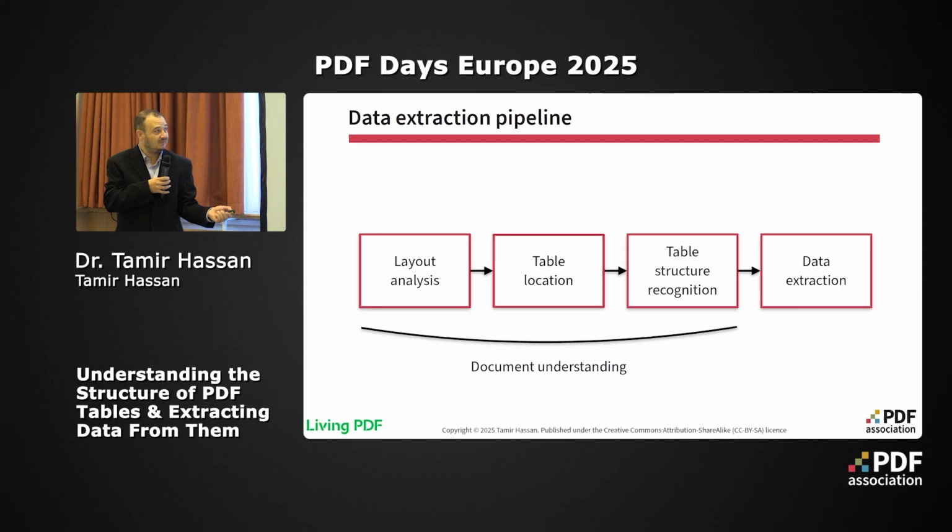And finally, with this information that we've extracted, or rather recognized, we then actually try and find the respective rows and columns to extract the data. And this is a traditional approach of what's typically termed in the literature as document understanding.